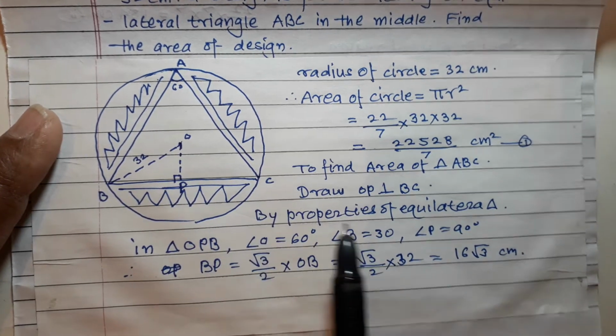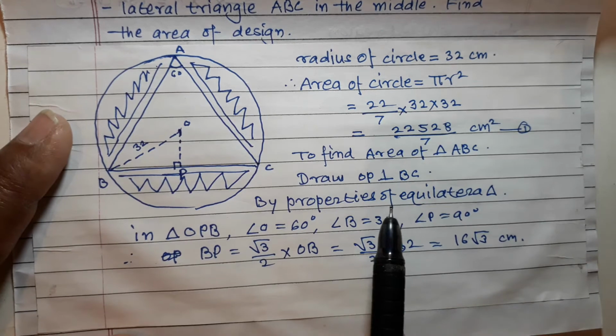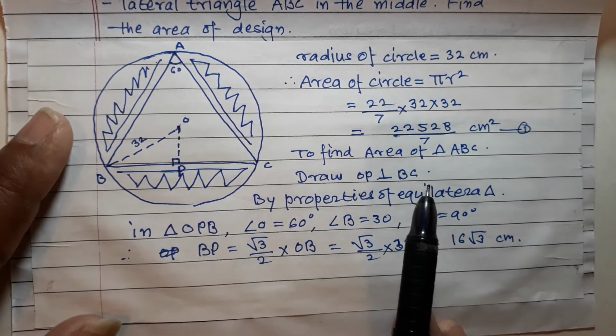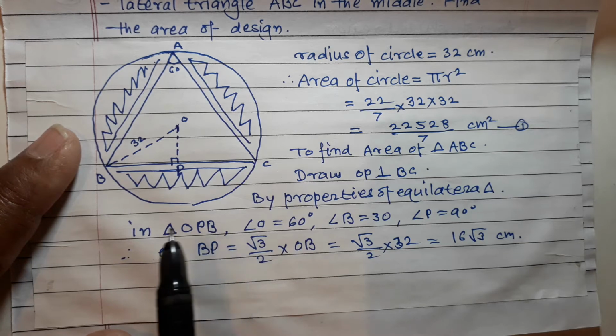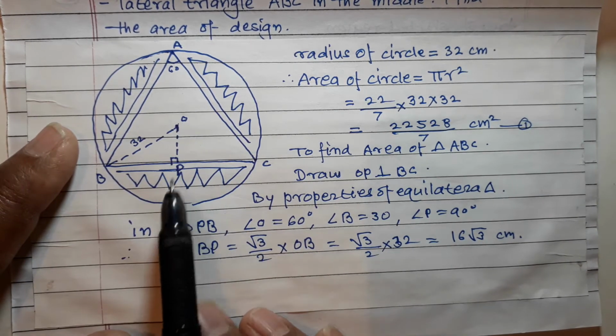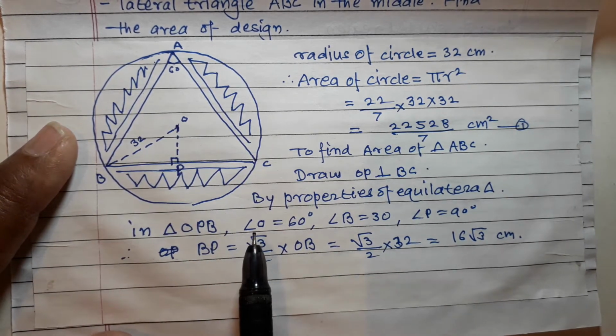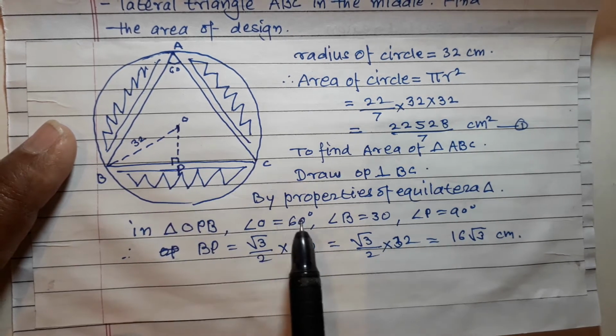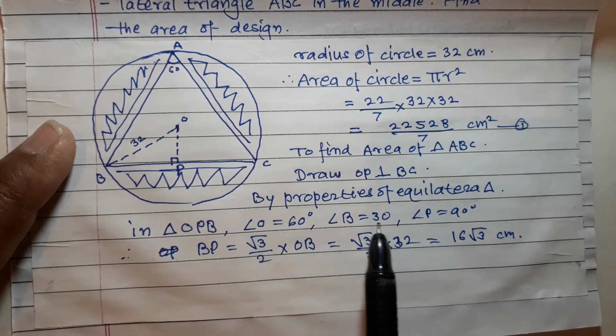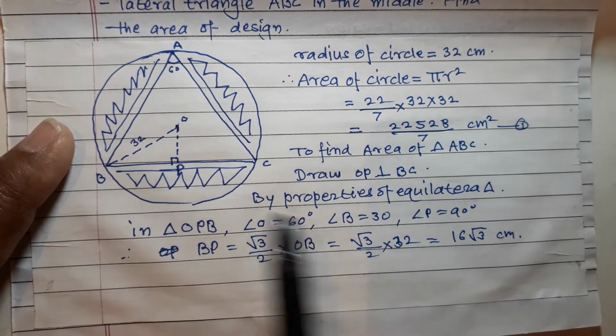perpendicular to BC. By properties of equilateral triangle, in triangle OPB, angle O is equal to 60 degrees. So this angle is equal to 60 degrees. Angle B is equal to 30 degrees.